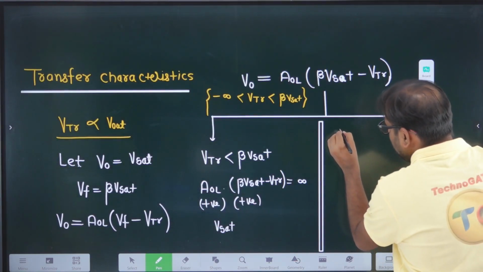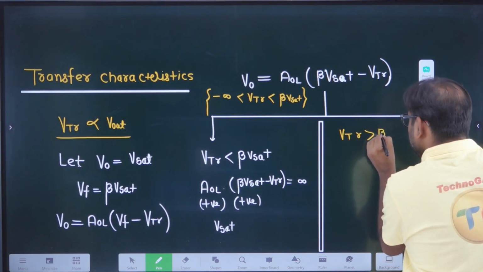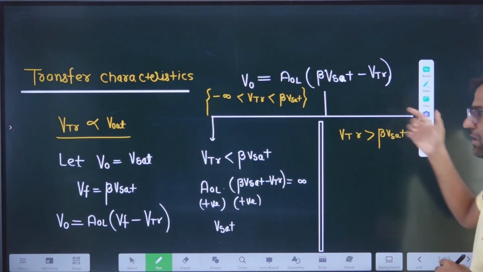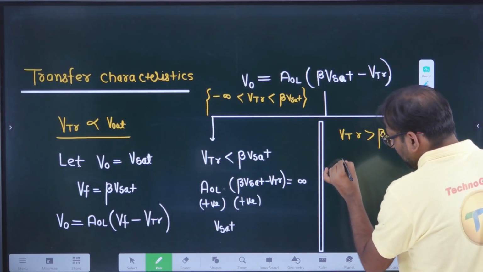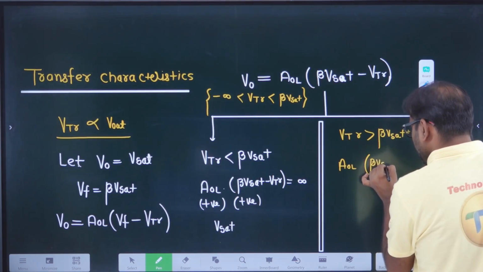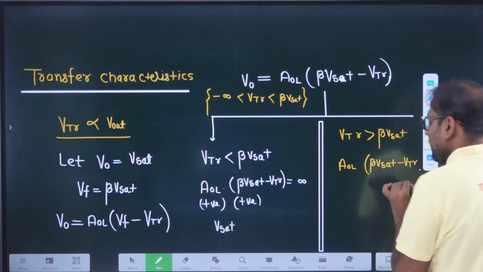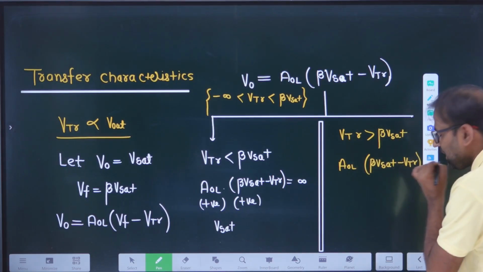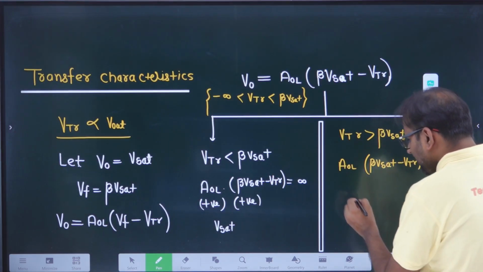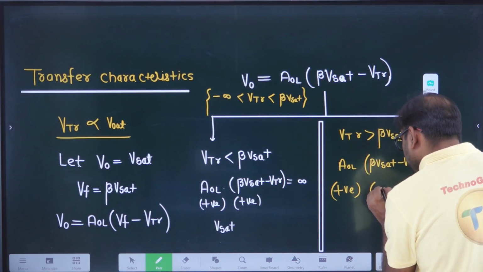The moment we select VTR slightly greater than beta into V saturation, AOL is a positive number, while beta into V saturation minus VTR, because you are selecting a number greater than beta into V saturation, will be negative.